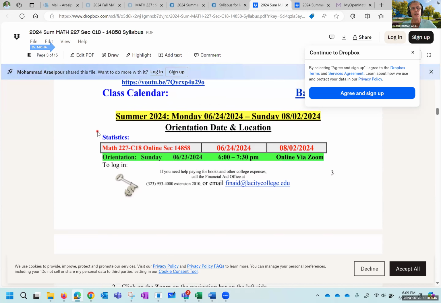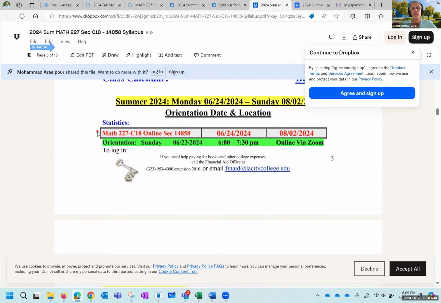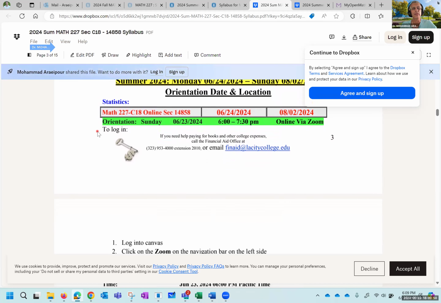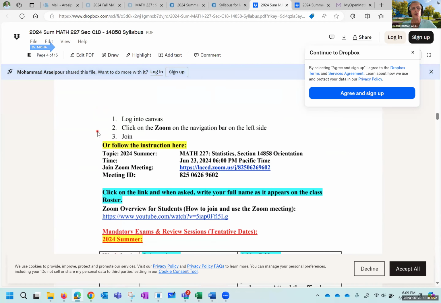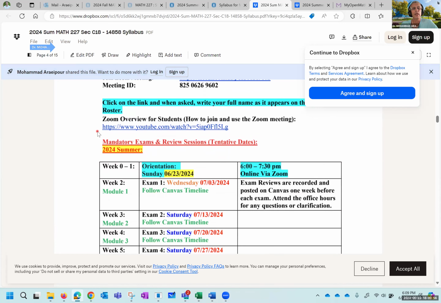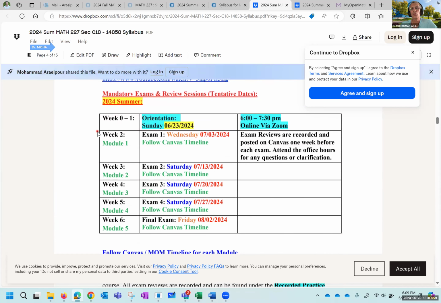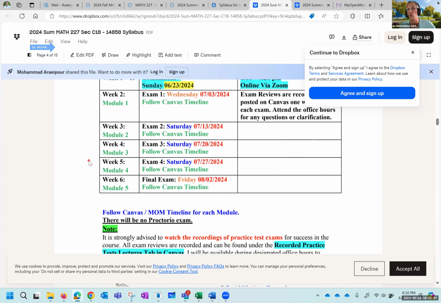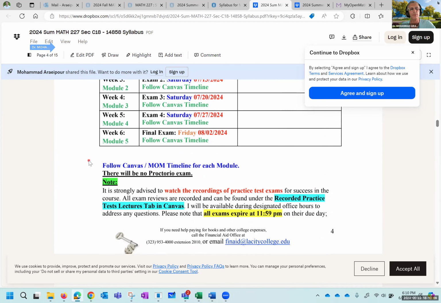Again, I'm explaining about the course name and the dates. You are already here, the Zoom meeting that you wanted. And here's the schedule that you find also under the Excel file about exams. Almost every week we have an exam.